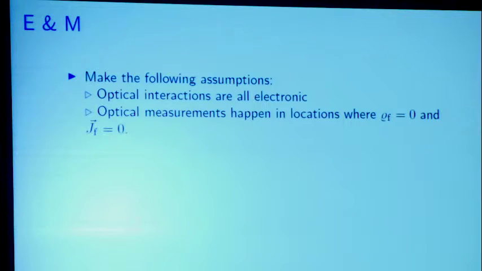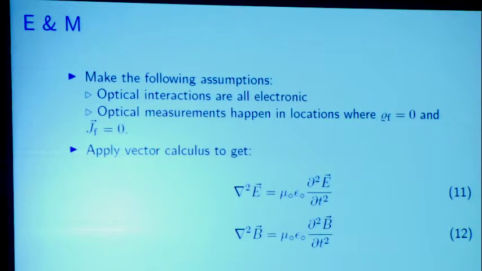So in optics, we typically assume that everything happens with the electric field, not the magnetic field. The magnetic field just goes along for the ride. So all the things we describe are in terms of an electric field. And we're going to assume that in a flame or someplace where we're making measurements, the free charge density and current are 0, because it's not a plasma or something like that. If it were a plasma, we'd have to worry about that.